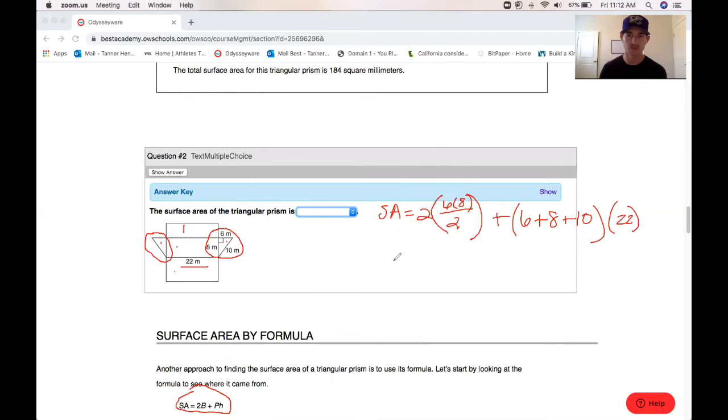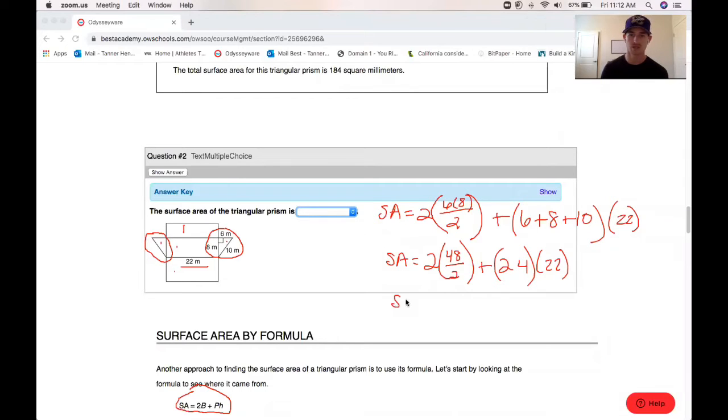Next step is solving it. So we got surface area equals 2 times 6 times 8 is 48 divided by 2 plus 10 plus 8 plus 6 is 24 times 22.